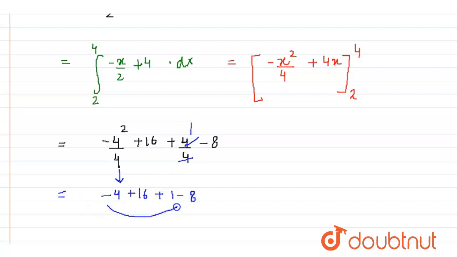Now you can check that minus 8 minus 4 is minus 12, and 16 plus 16 plus 1 is 17. So 17 minus 12 is going to be 5. Hmm, so this will be the particular area, 15 square units.